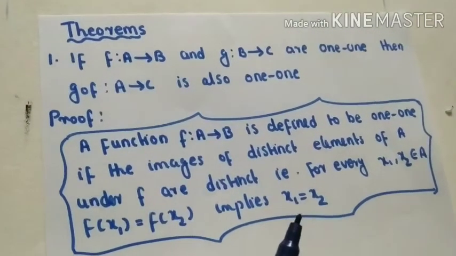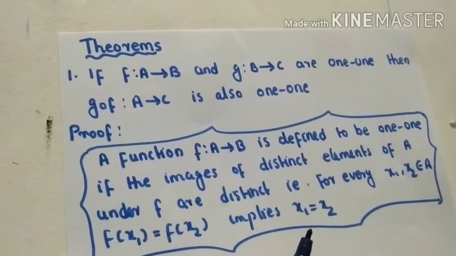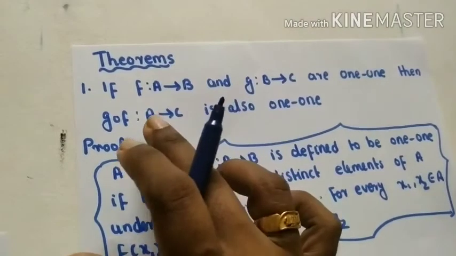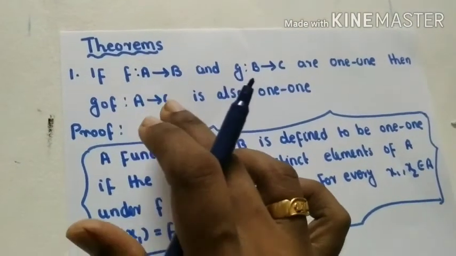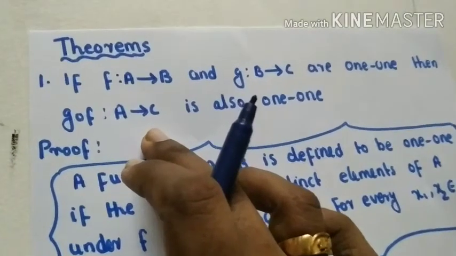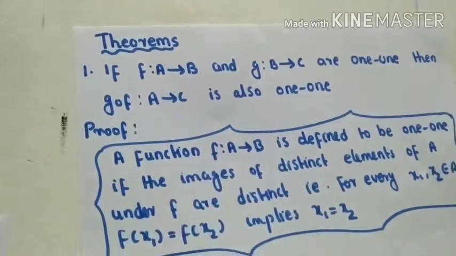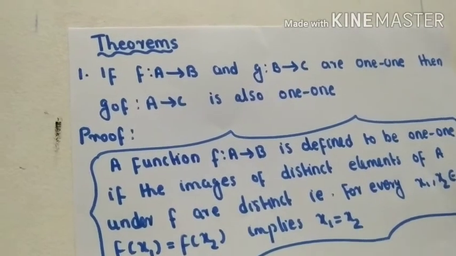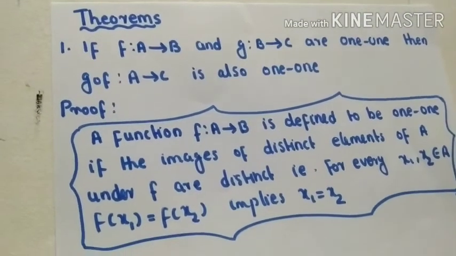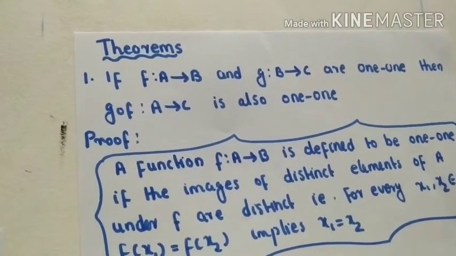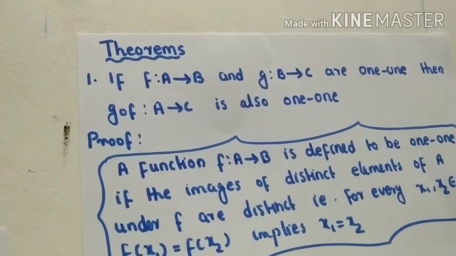Let us now prove some important theorems related to composition of functions. The first theorem states that if a function f from A to B and a function g from B to C are 1-1, then g of f from A to C is also 1-1. Let's recall when a function is said to be 1-1.